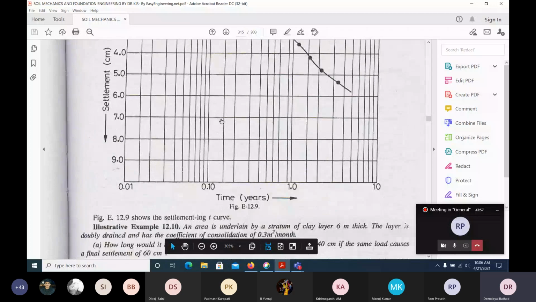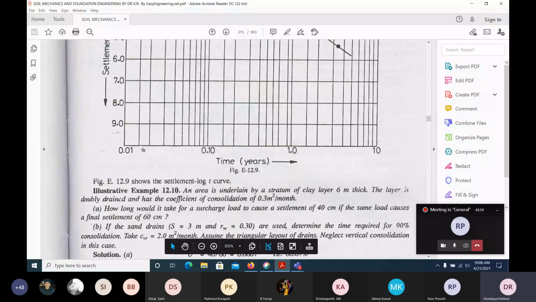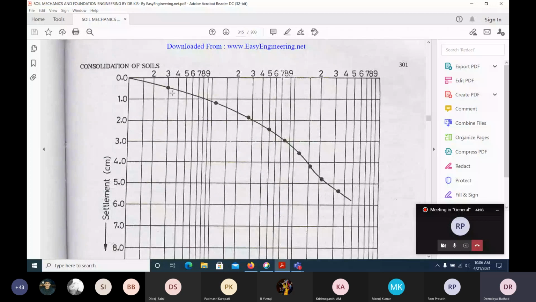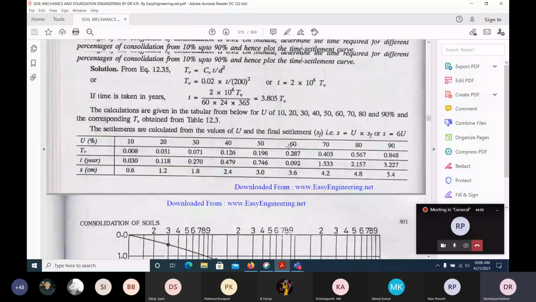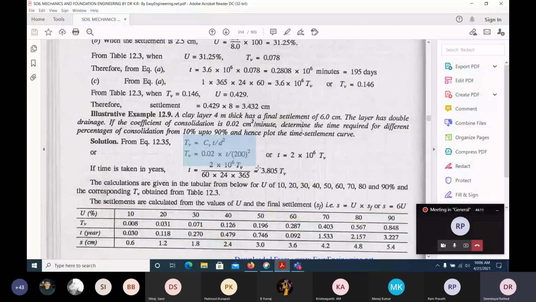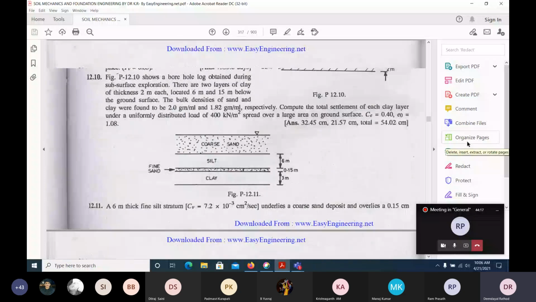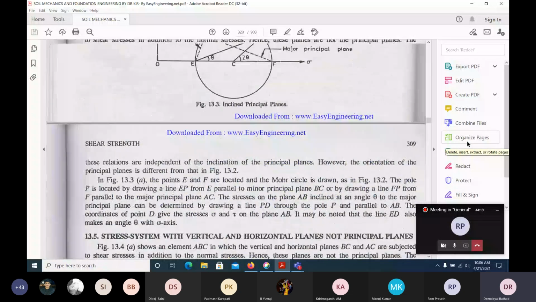The time is taken on a log scale, and you can see how with time the settlement is increasing. So wherever this formula is there, all our problems depend wholly on that particular formula.